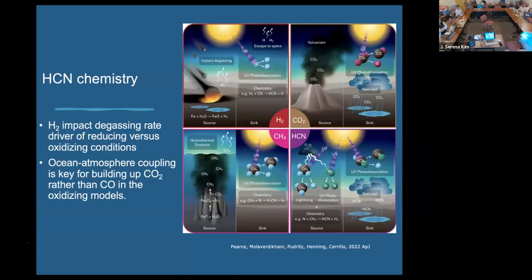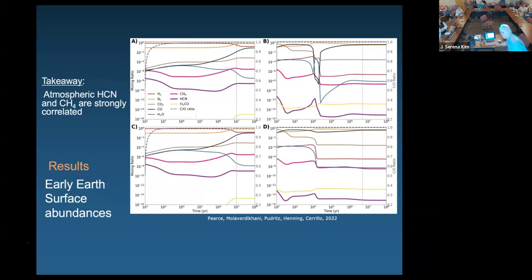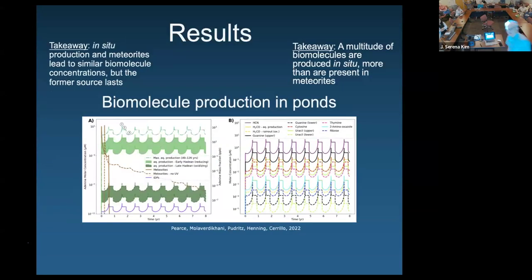And the result is here. This is a plot with time and abundance of these various materials. This shows orders of magnitude change, but you can see the meteorites produce a burst of amino acids and nucleobases in the pond, and they decay fairly quickly.